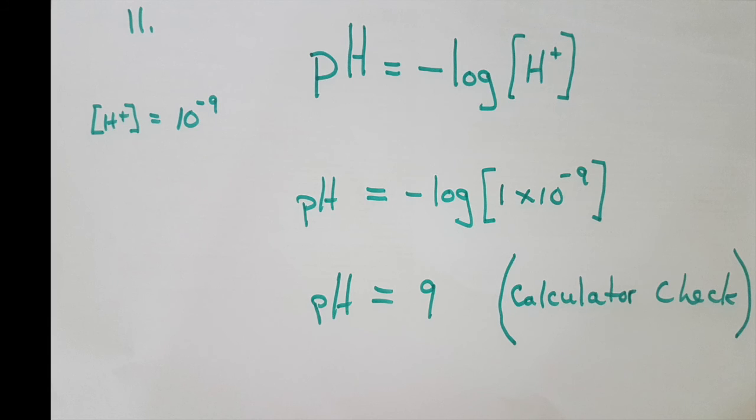And so, number 11, you know that the pH equals the negative log of the H ion concentration. So the H ion concentration is 10 to the negative 9. So the pH equals negative log of 1 times 10 to the negative 9. Calculator check, and you're going to get a pH of 9.